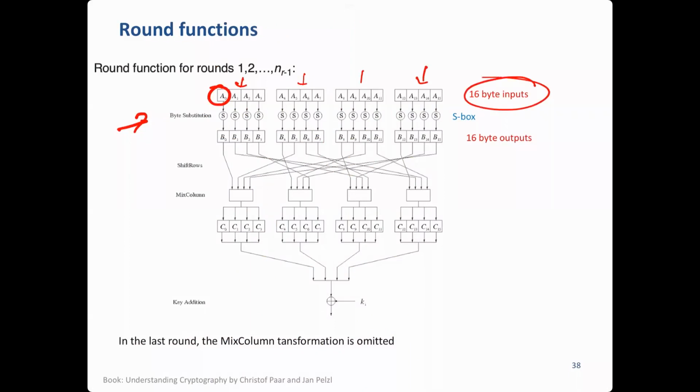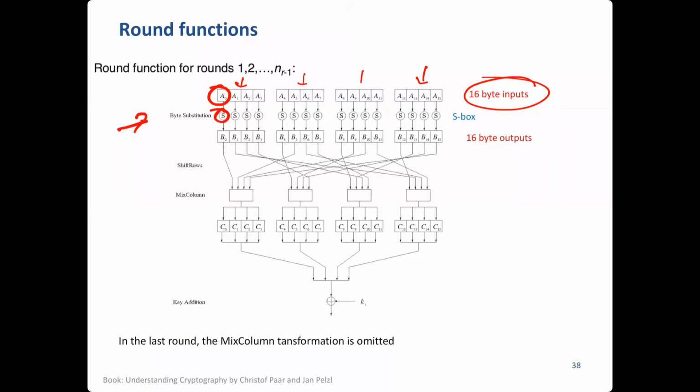All right. Now we are going to do byte substitution here. How are we going to do it? Using the same substitution function. We should have some matrix, and based on that we can do byte substitutions.